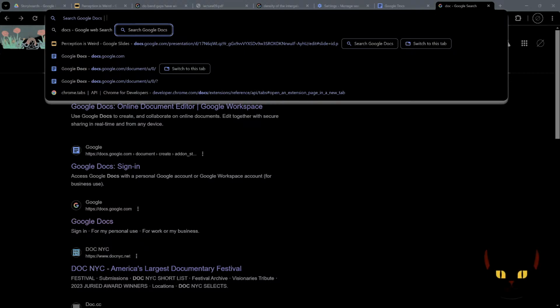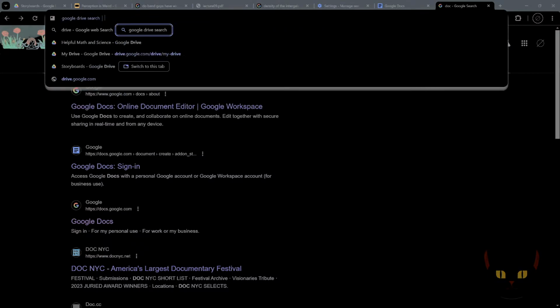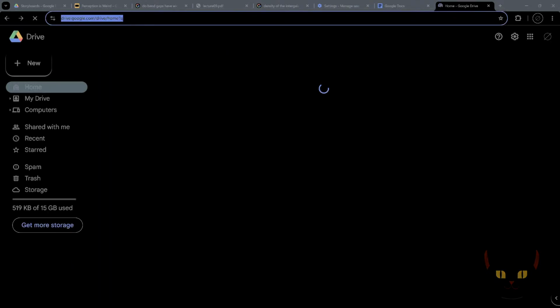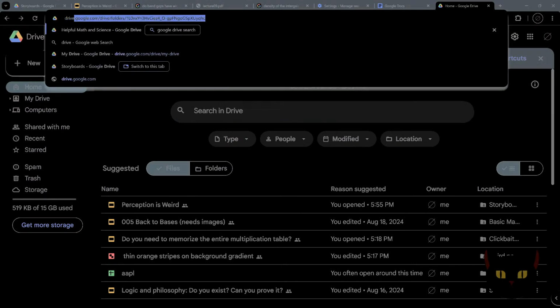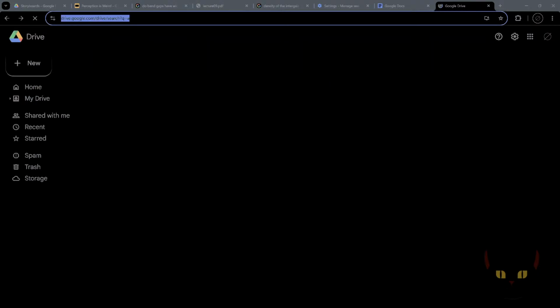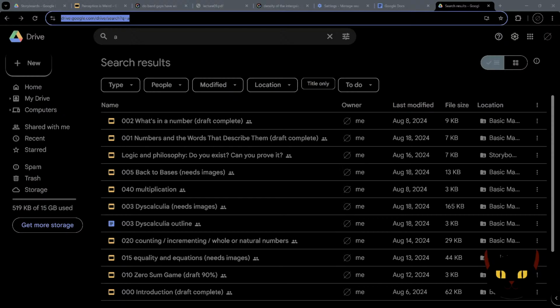The problem is it doesn't let me not search. So the one that I wrote, drive, also doesn't let me not search. Interesting.